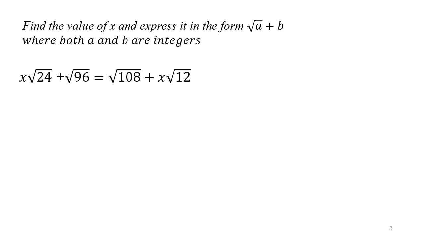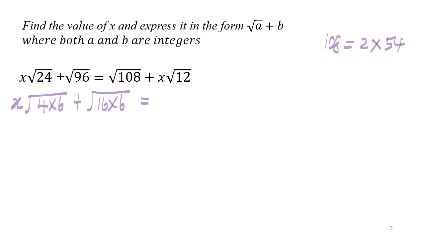So if you look at square root 24, you can actually rewrite it as 4 times 6. And then 96, you can rewrite it as 16 times 6. Right, and 108, if you have forgotten how to simplify it, you can just list out the factors. 2 times 54, we want to list out until you can manage to find a perfect square.